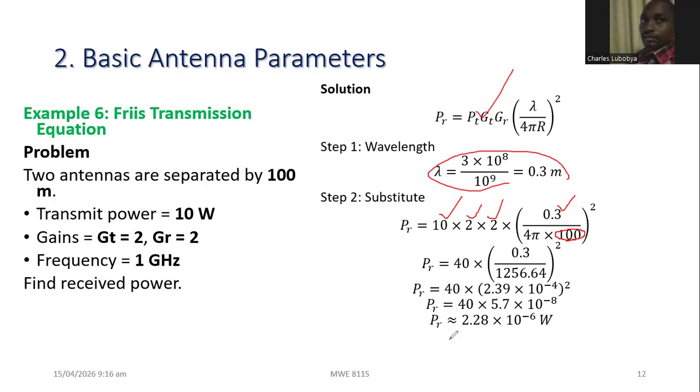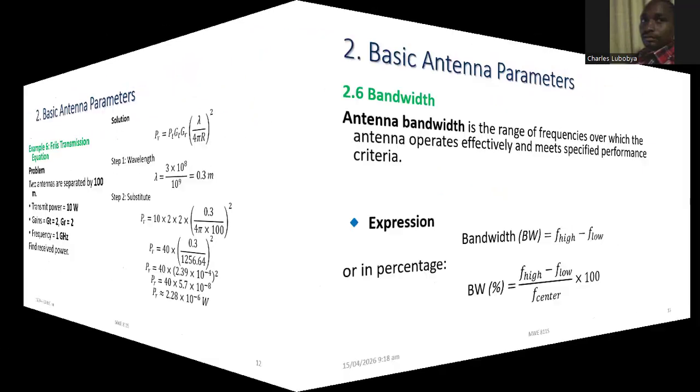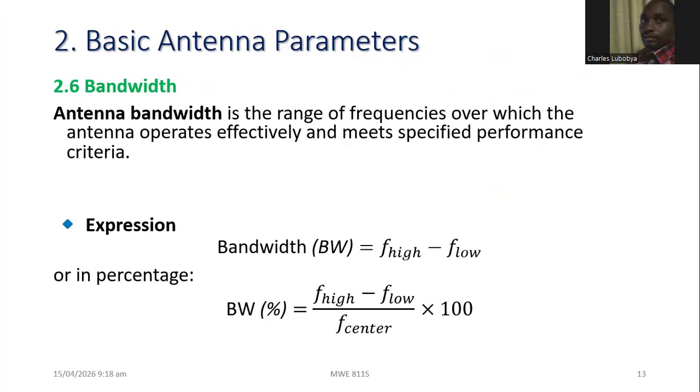So when you simplify this, you get your received power as 2.28 times 10 to the power minus 6 watt. So take note again how to calculate, depending on which parameter is given and missing, you can actually calculate the missing parameters.